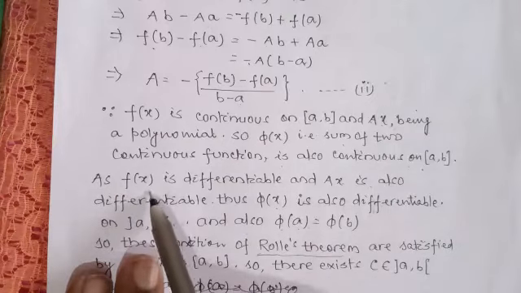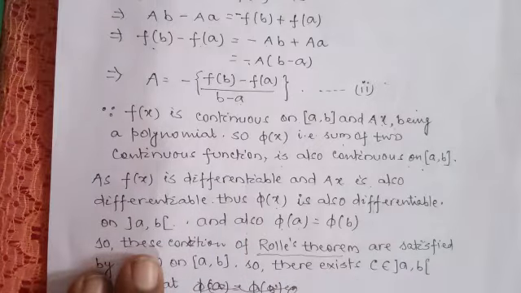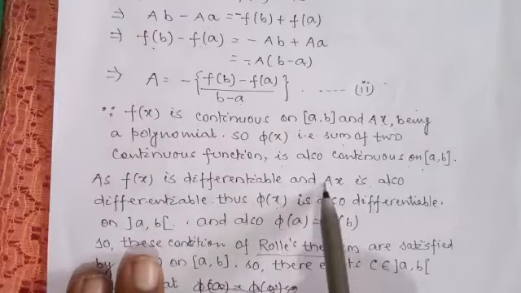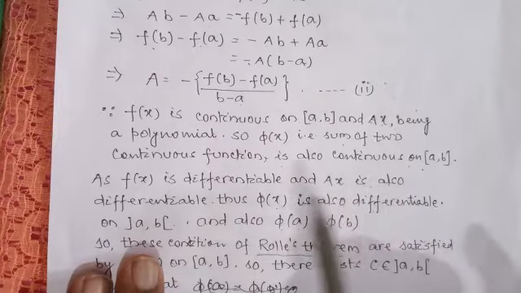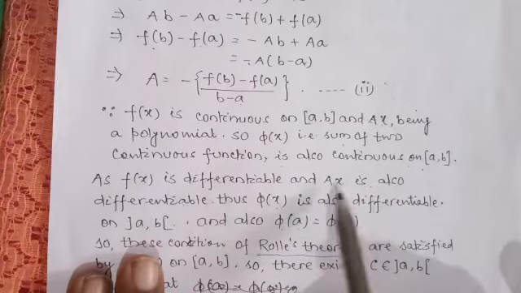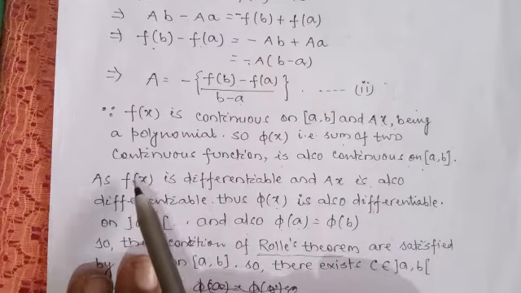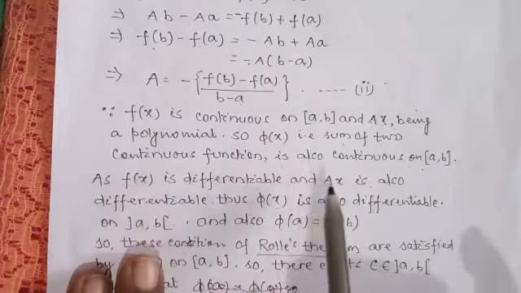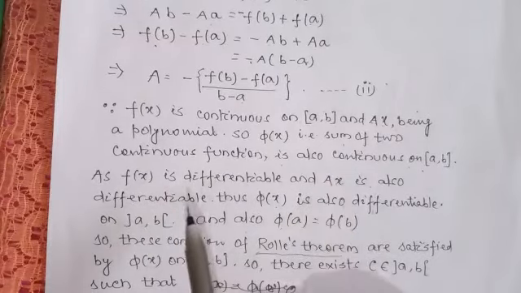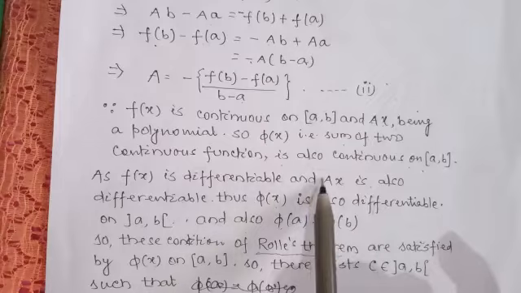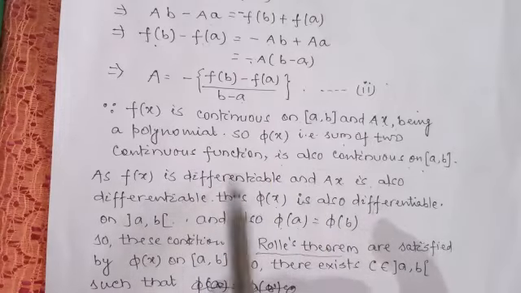Again, f(x) is differentiable because it is already given, and Ax, which is a polynomial, is also differentiable, since a polynomial is differentiable. So the sum of two differentiable functions is also differentiable.